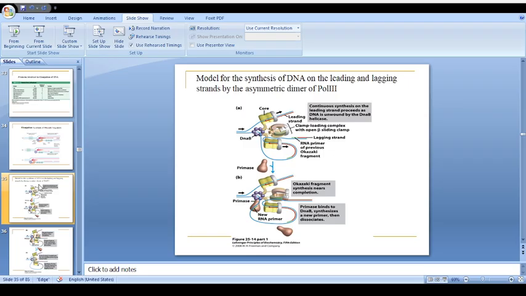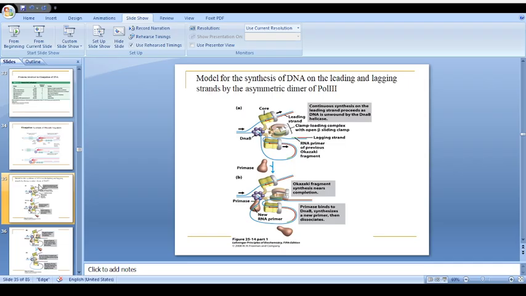The synthesis of the leading strand is continuous once the DNA is unwound by DnaB helicase. In the leading strand only one primer is synthesized and continuously the nucleotides are added by DNA polymerase 3, whereas in the lagging strand, since it runs in the opposite direction, the unwinding takes place.